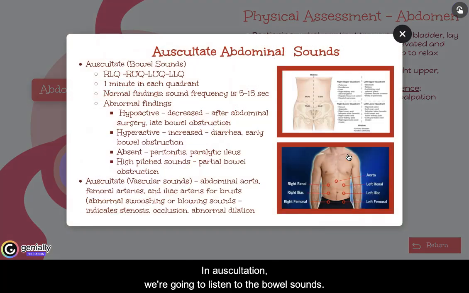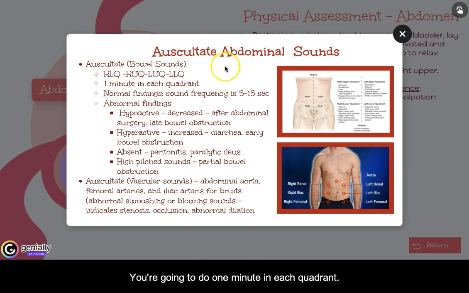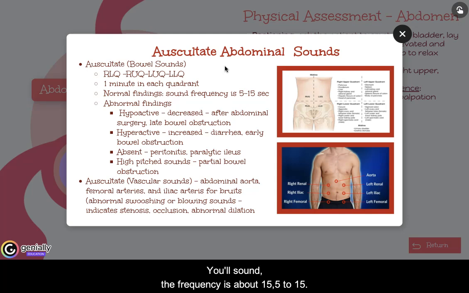Auscultate. In auscultation, we're going to listen to the bowel sounds. And this is the sequence that we're going to start in. It goes in a clockwise direction. You start right lower quadrant, right upper quadrant, left upper quadrant, then left lower quadrant. You're going to do 1 minute in each quadrant. For normal findings, every 5 to 15 seconds you'll hear a bowel sound, right?